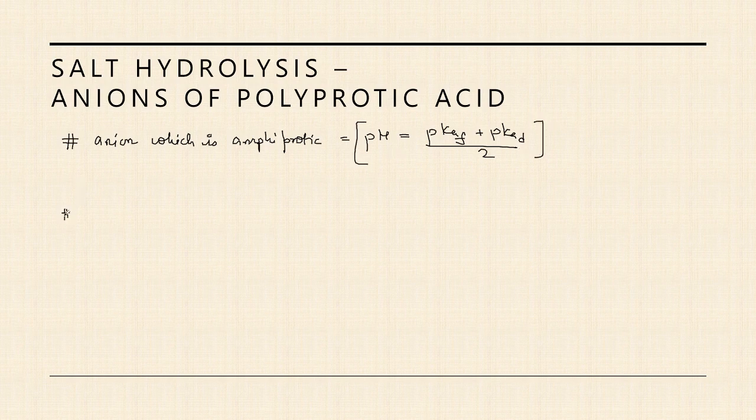And if the anion isn't amphiprotic, then you will write pH equal to 7 plus pKa formation upon 2 plus log C upon 2.